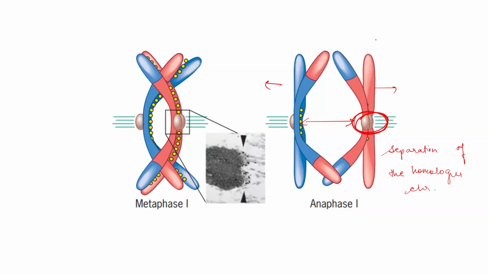And you can see here this is the result of recombination, where there is an exchange of genetic material between the non-sister chromatids. Right?